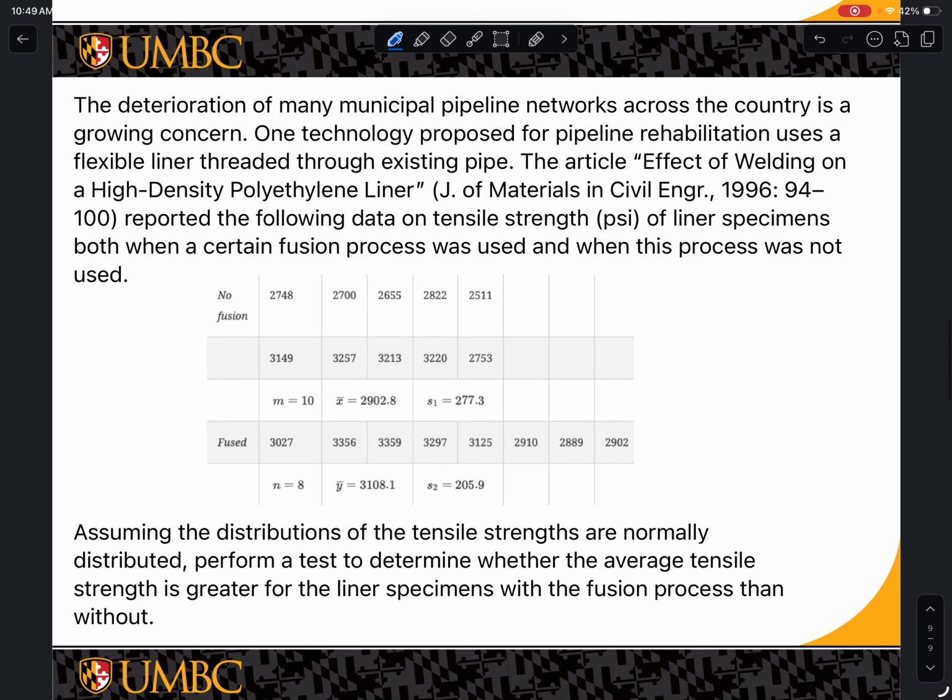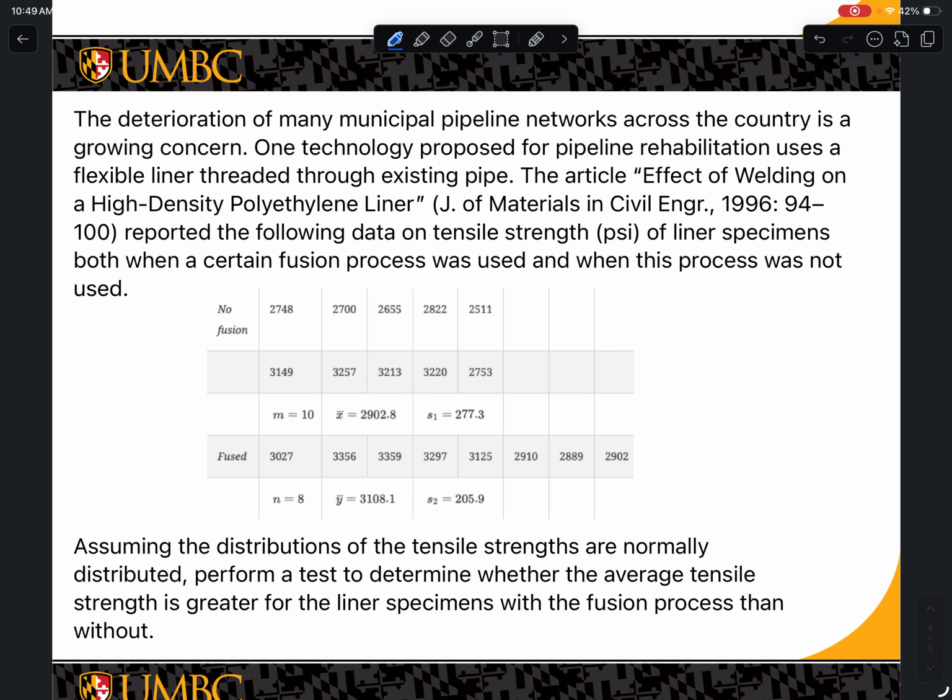So here's an example problem. We're talking about a flexible liner that they thread through municipal pipelines. And it's talking about the tensile strength of these liners, okay? And we have two different processes that get used to make the liners.